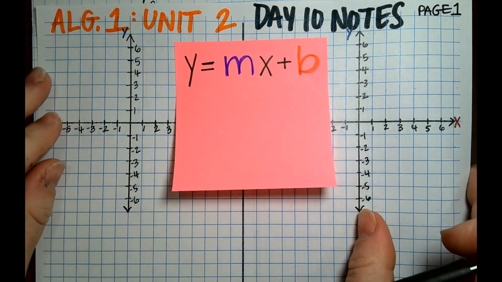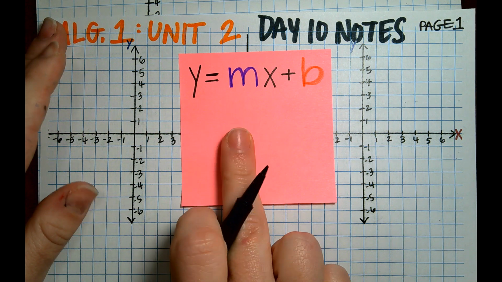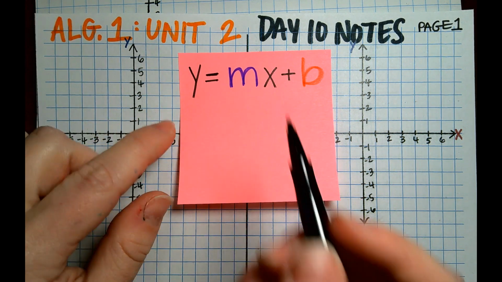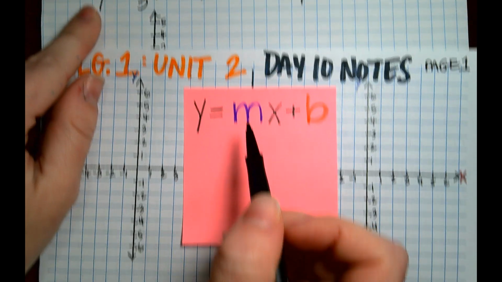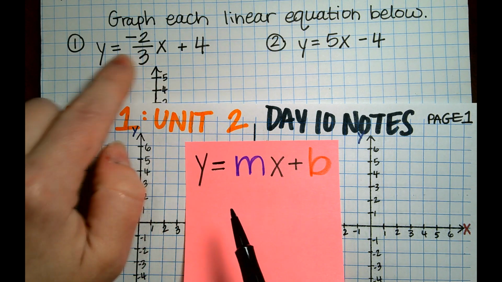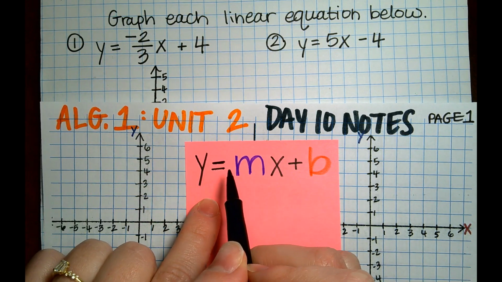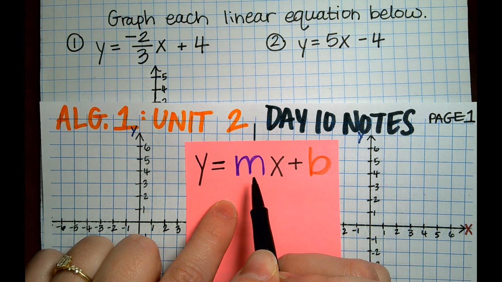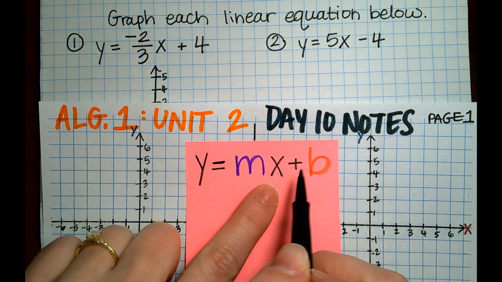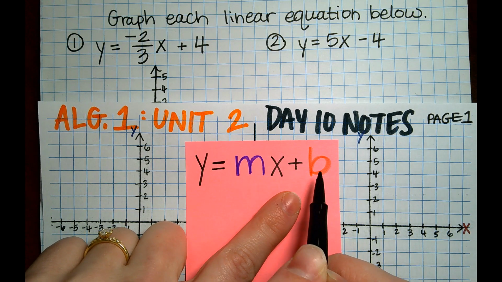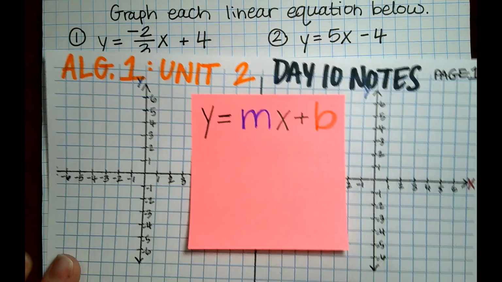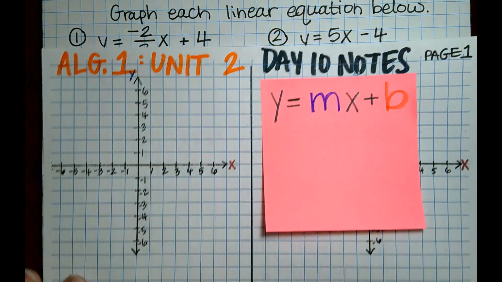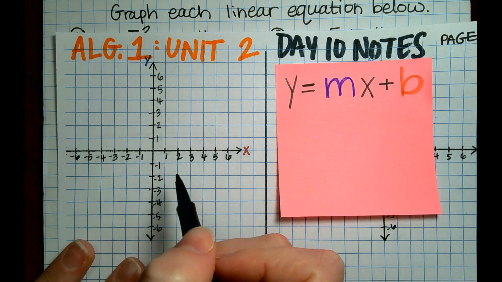Okay, so this is our linear equation format, meaning every time we have a linear equation, you're going to have y equals, and then there will be a number instead of m for slope. There will be an x, and there will be plus or minus another number. So I'm going to move this just slightly to the side so I have a graph that is free and open.